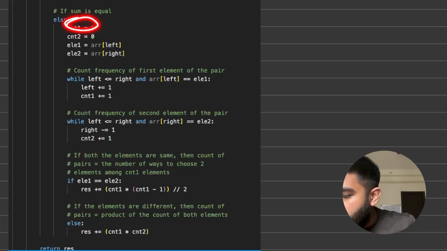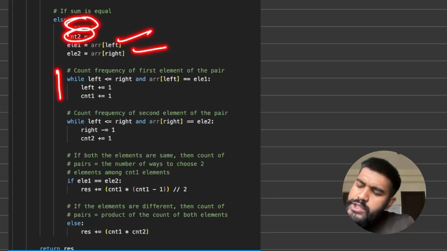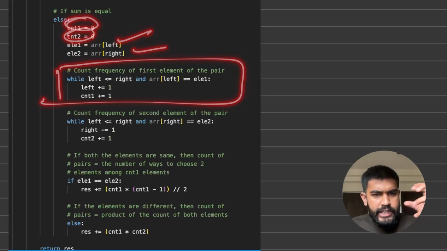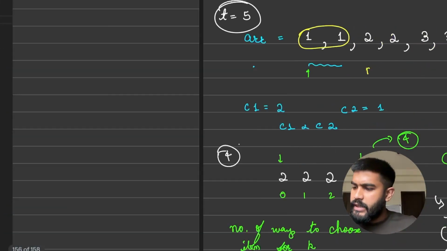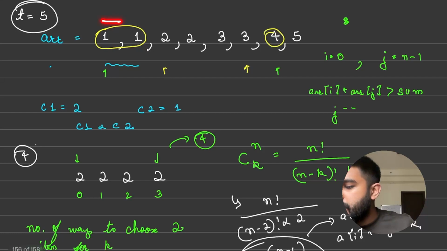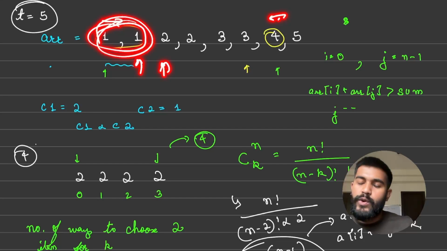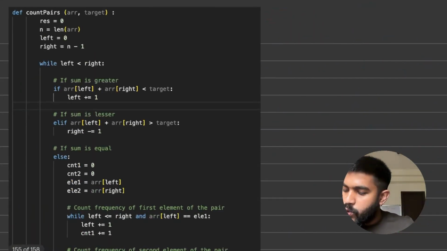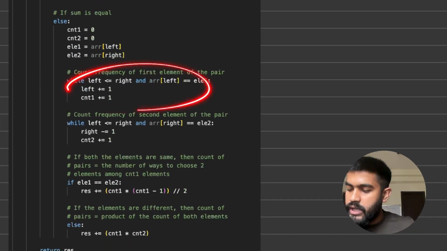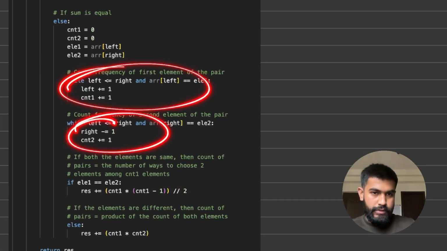Okay. So we have a count 1 and count 2. We initialize both of them. First, we keep moving forward until we receive the same element. Until and unless we were receiving 1, we kept moving forward till the point we reached here and the count was 2. So the count was 2 and here the count would be 1 for that 2, 2 and then for there.